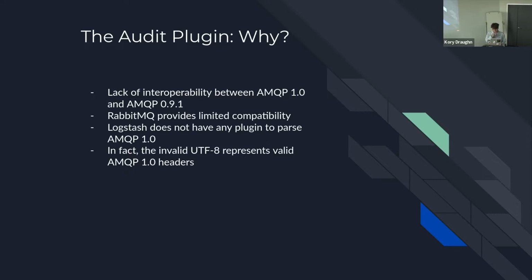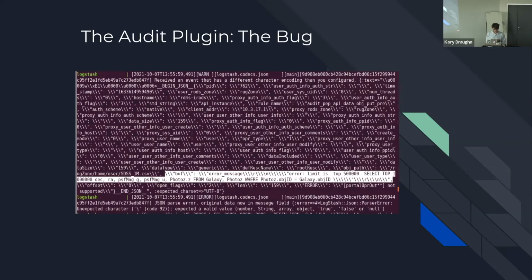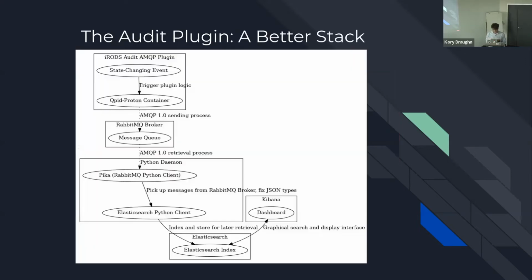RabbitMQ does provide 1.0 compatibility, but since there's no standard for that interaction, anything that isn't compatible with the RabbitMQ solution just will not have it. And the AMQP Logstash plugin does not have any way to parse AMQP 1.0 as input. So what we wound up finding is that these random bytes that look like garbage are actually just valid AMQP 1.0 headers that RabbitMQ didn't know what to do with.